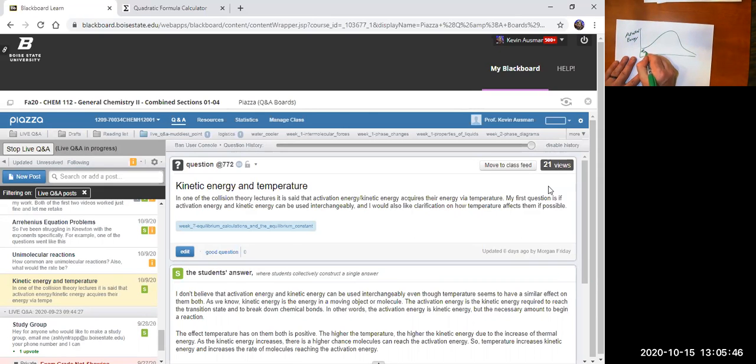So reactant, product. The activation energy isn't an amount of energy that you have. It's the size of the energy barrier you have to overcome. A given collision will have a certain amount of total energy. Some of that will be potential energy, this amount here, and some of it will be kinetic energy.